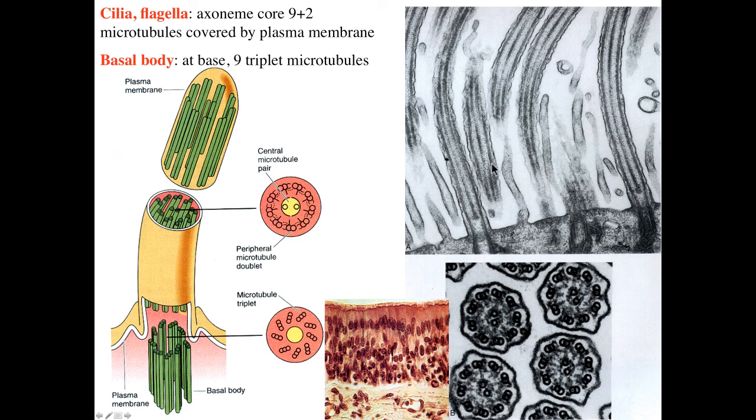This at the electron microscopic level shows microtubules going up into the core of these cilia. Here's a very nice cross section showing the very characteristic 9 plus 2 arrangement of microtubules, as you might see in the diagram here. The basal body shows 9 triplet microtubules without the central doublet. This will be talked about in much more detail later when we talk about cytoskeleton.